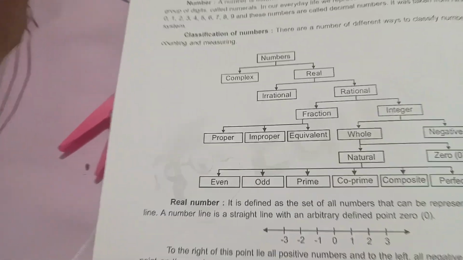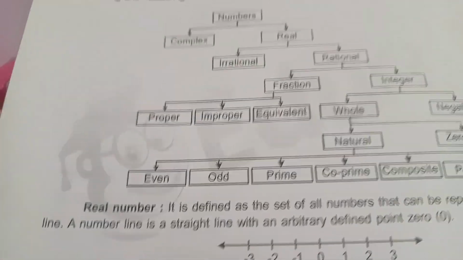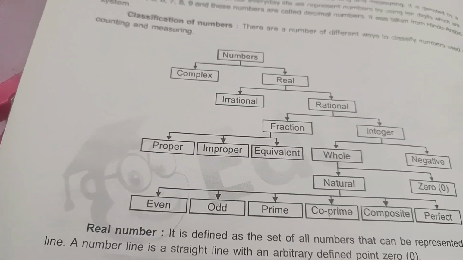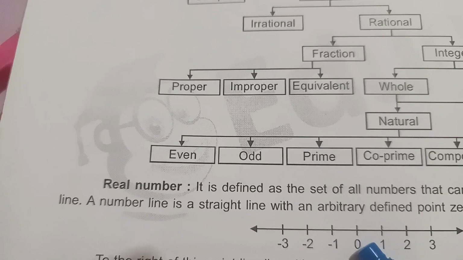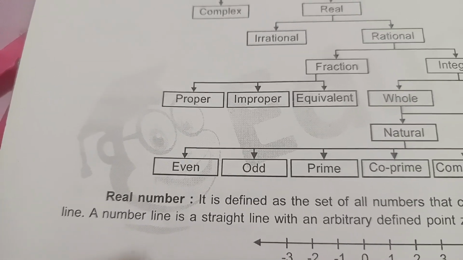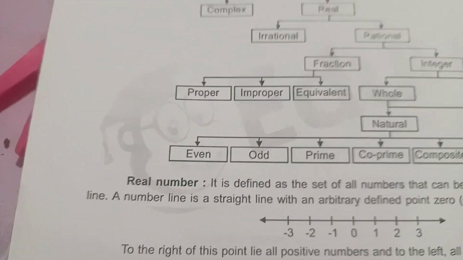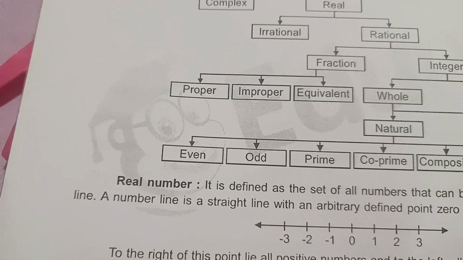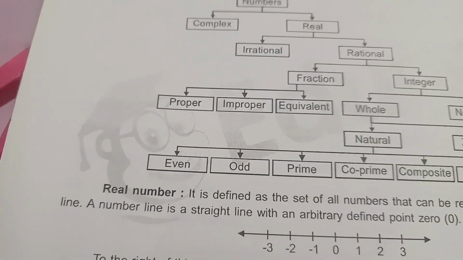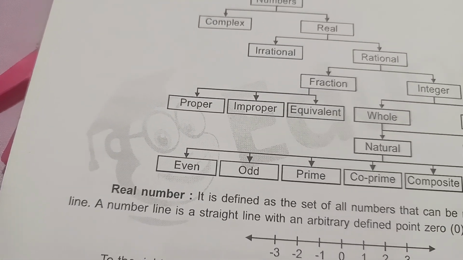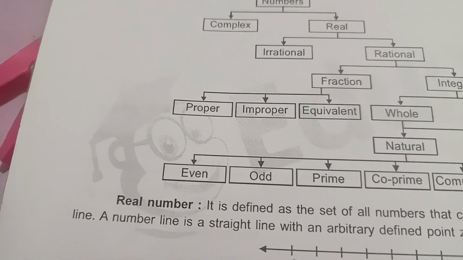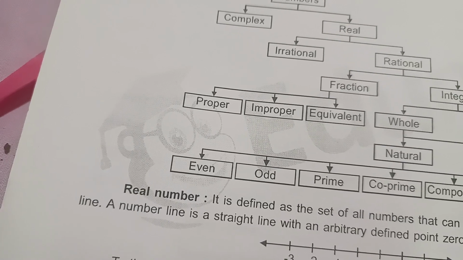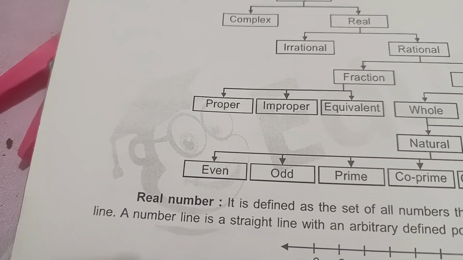Here is 0. Real numbers are all of these: minus 3, minus 2, minus 1, 0, 1, 2, 3. To the right of this point lie all positive numbers, and to the left all negative numbers are there. Also, every point on the number line represents a unique real number.